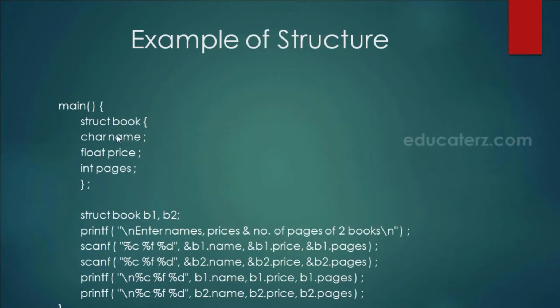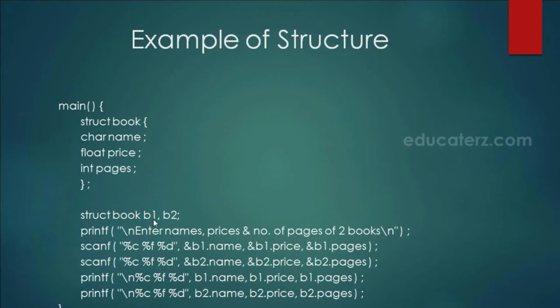Now this is just a declaration of the structure, but then we can have variables of this structure by writing struct, then the name of the structure and the variable name. Whenever we create a variable for the structure, memory for all elements declared in that structure will get allocated.